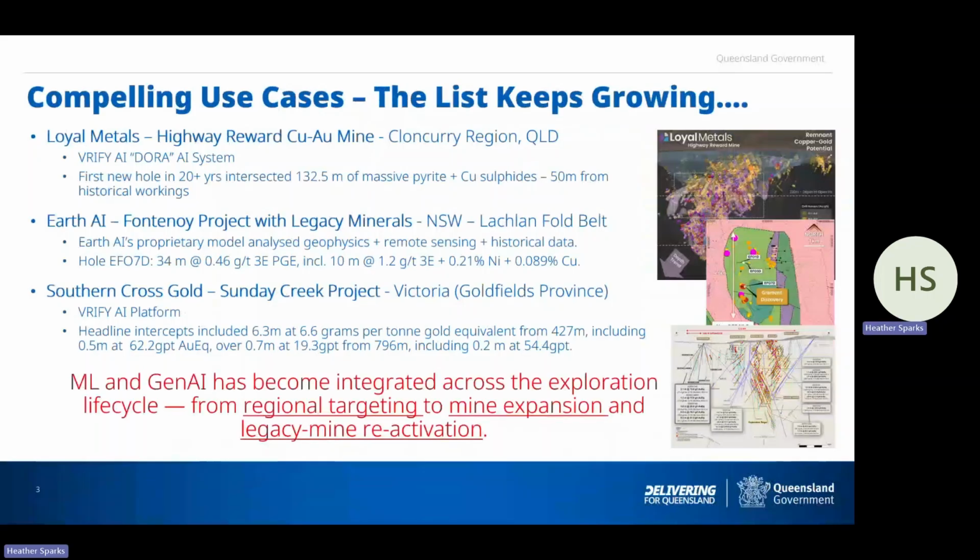These approaches are quickly becoming integrated across the exploration lifecycle, and they range from the ability to analyse regional data and set up decision layers to focus effort on specific areas, to the ability to uncover more mineralisation in existing systems, and even allowing a fresh take on old mine sites.